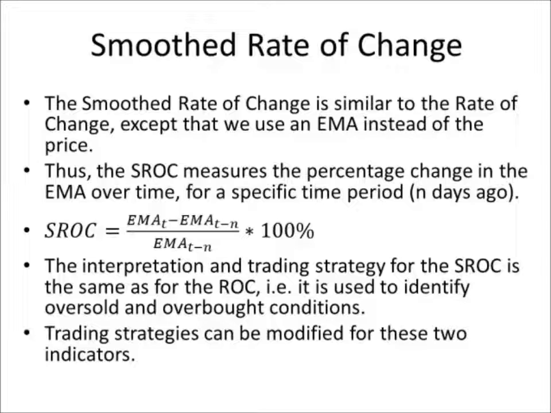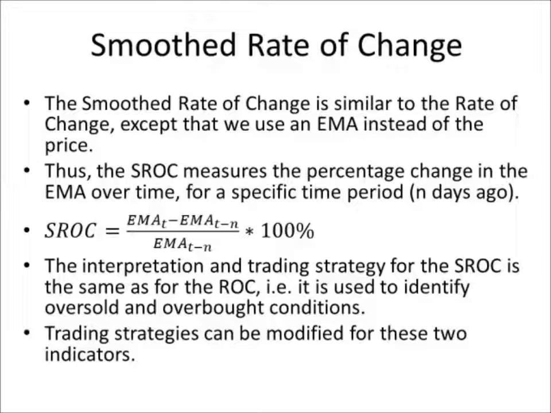Now, how do we interpret the rate of change? Again, it's very similar to the rate of change. Whatever trading strategy or interpretation we have for the smooth rate of change will be fairly similar for the rate of change, and it's used to identify oversold and overbought conditions. The reason we use the smooth rate of change is that it uses an EMA rather than the actual price.